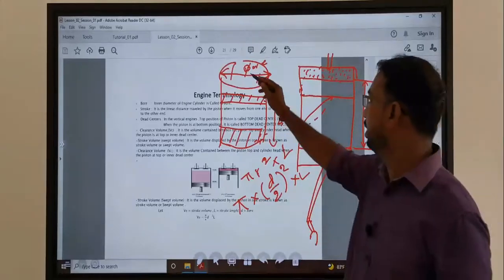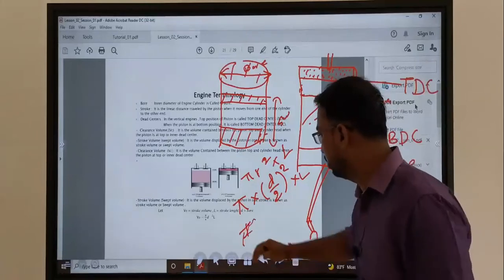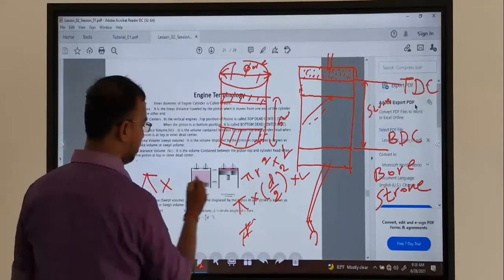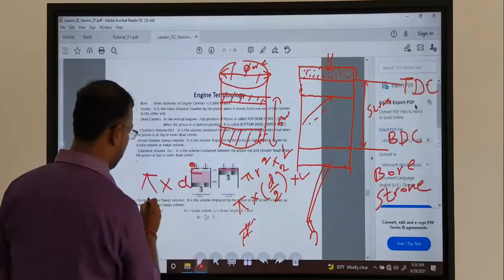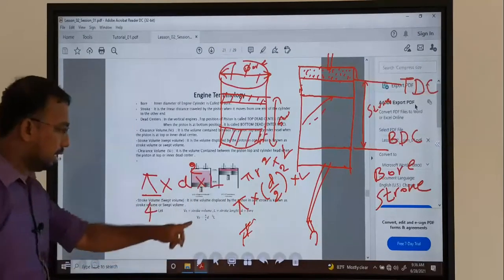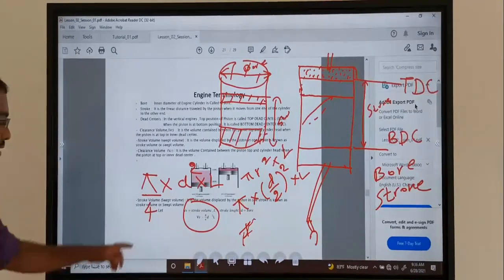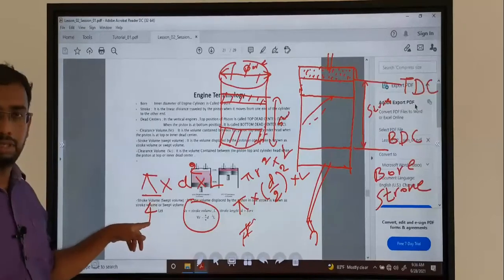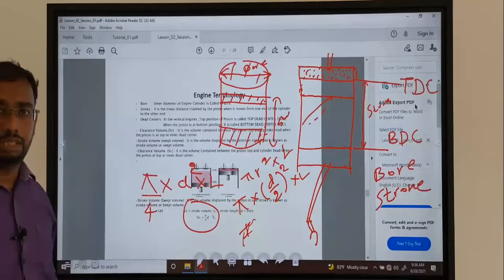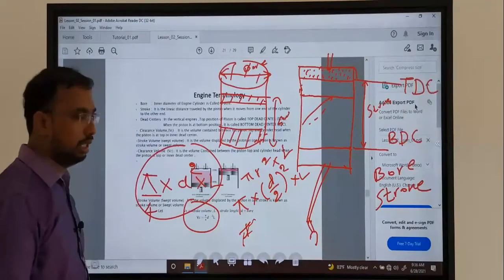Because half of the diameter is the radius. So it becomes pi D squared by 4 into L. That is the equation to find the stroke volume, Vs: Vs = (pi/4) x D squared x L.